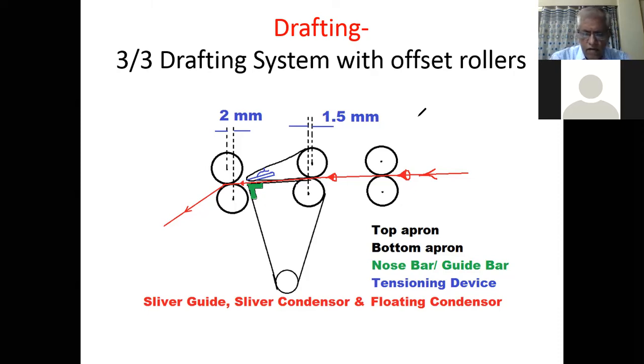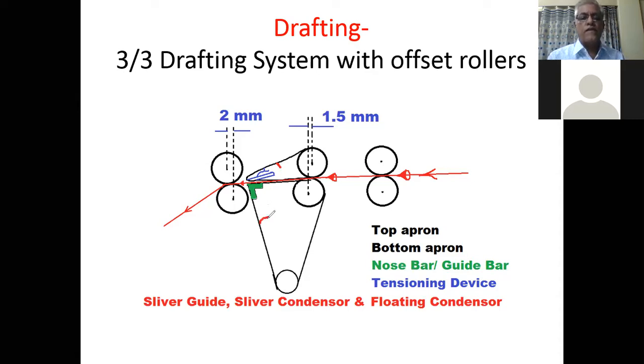The middle roller has a top apron, which is shown here. This is the top apron and this is the bottom apron.